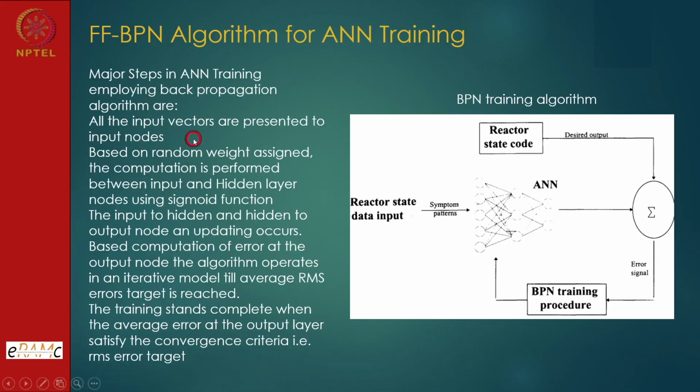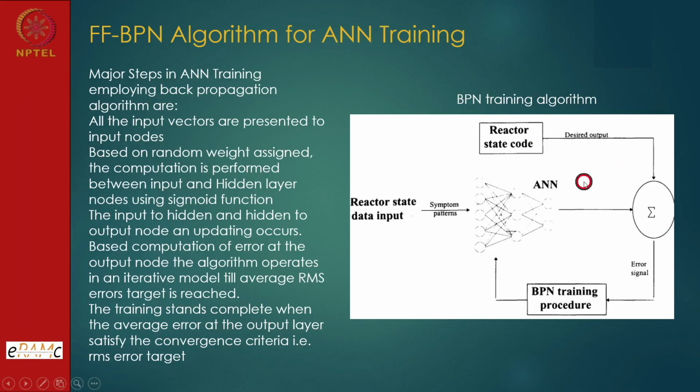So this training is going on. You have reactor state input developed in one table. Now you put input to the ANN over here. The ANN will predict, and the error function is developed over here based on the reactor state code and the desired output.